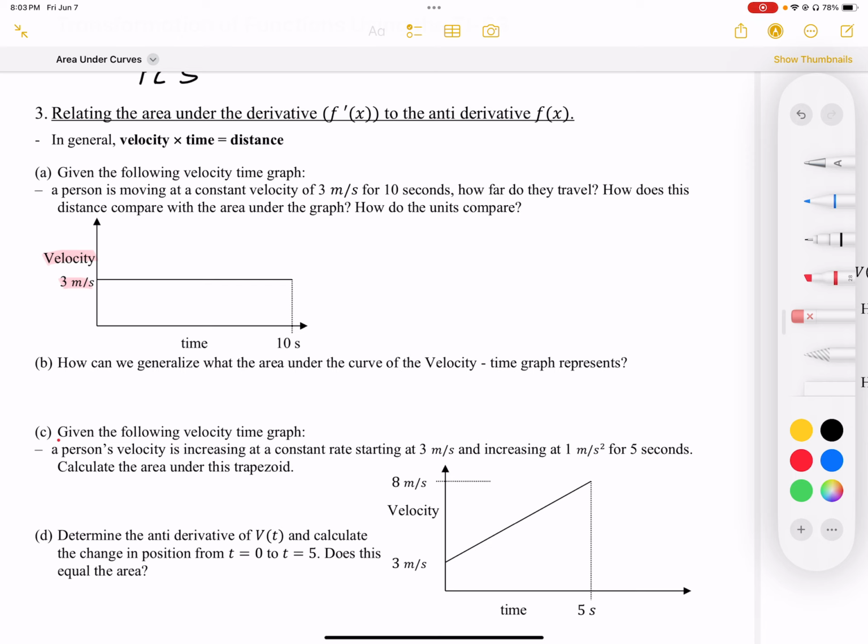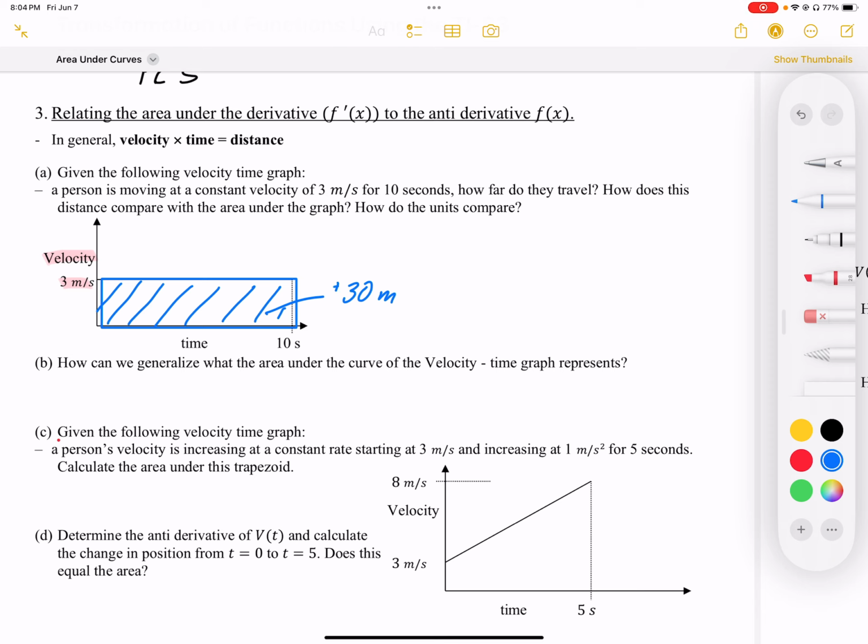So all that area must be the same as the displacement. And when we calculate this area, clearly it's a height of 3, a width of 10 seconds, or displacement of 30 meters. And because it's above the x-axis, we're just going to say that's positive.